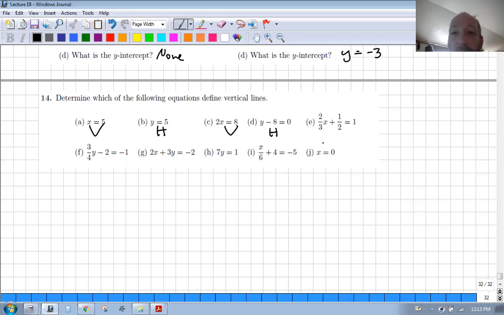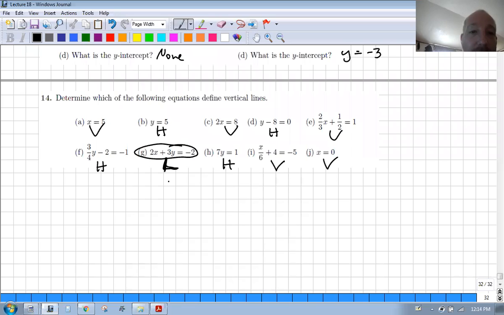This one's horizontal. This one's vertical. This one's horizontal. This is linear. It has both x's and y's. It's going to be at a diagonal. This one here, horizontal, there's only y's, only x's. This one's going to be like that.